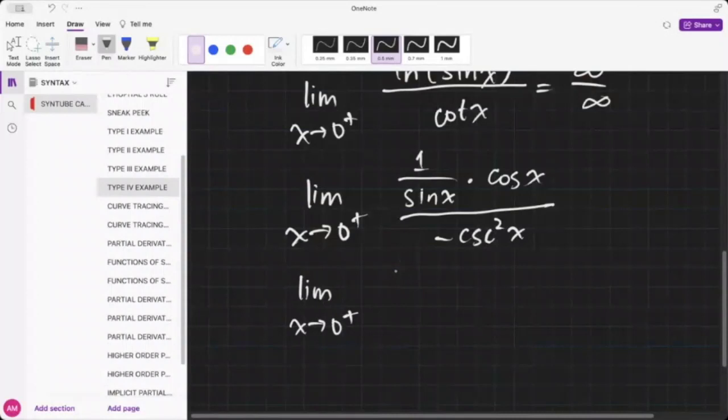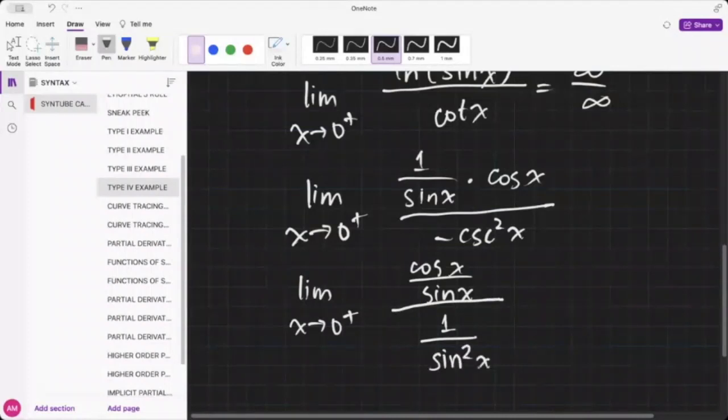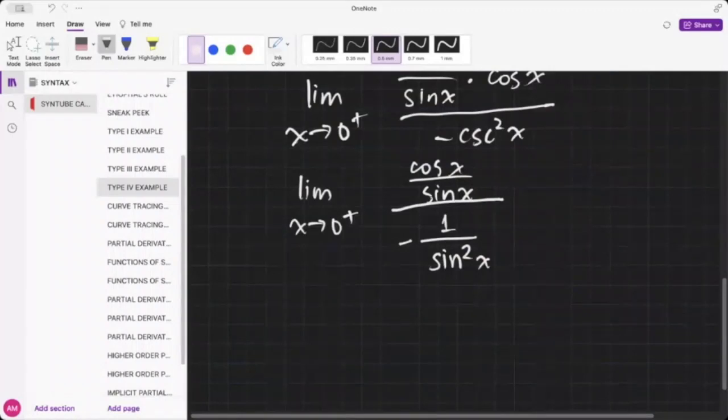So, just copy this. And then, cosine x over sine x. I just put that there. Over, the definition of cosecant is 1 over sine x. But since it's squared, sine squared of x. Don't forget the negative here. Indeed, we have something to cancel. So we can cancel this and cancel that. You can put this in the numerator.